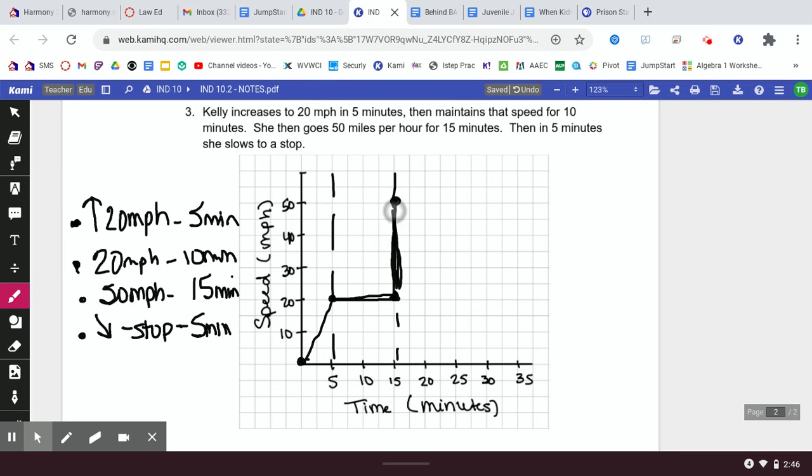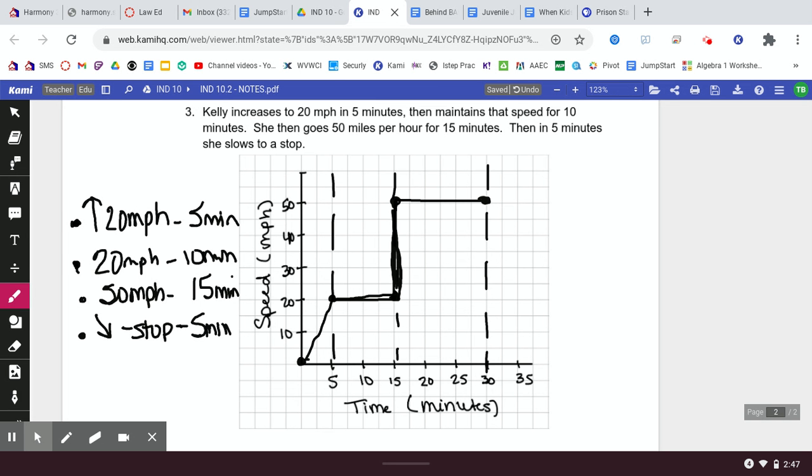And how long does she maintain that? 15 minutes. So that means from 15 that I'm already at, another 15 takes me out to the 30. Right? And in that 15 minutes, she maintains 50 miles an hour. So it's a nice straight line at 50 miles per hour. And it doesn't say she just stops.